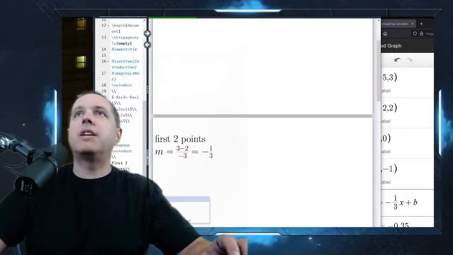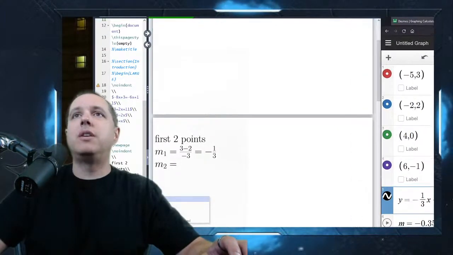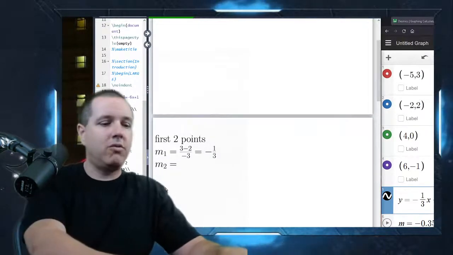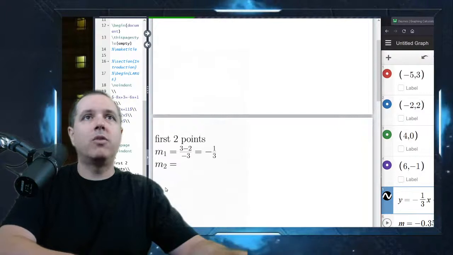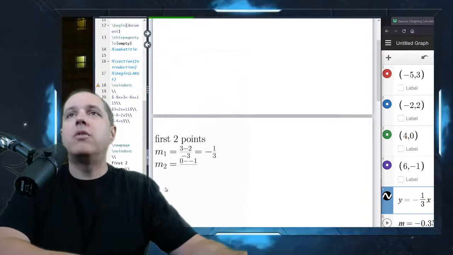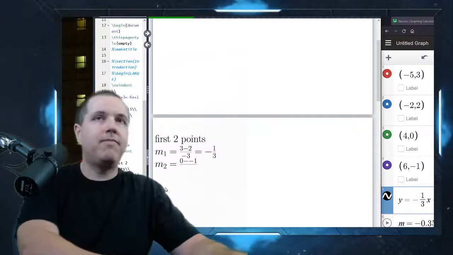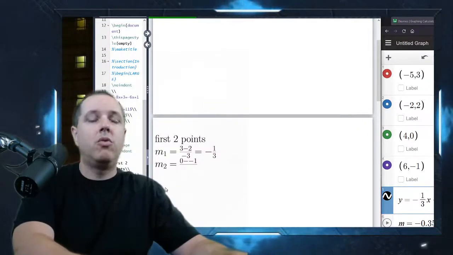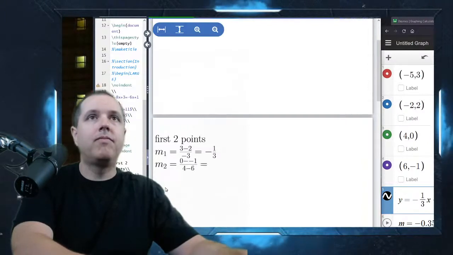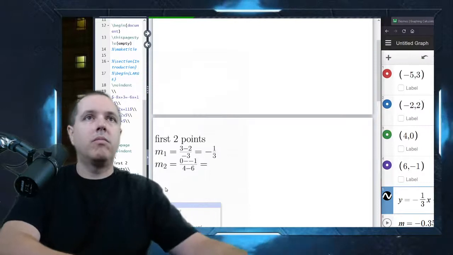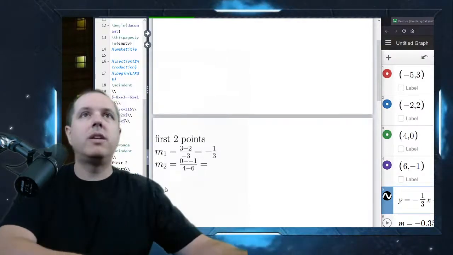Okay, so for my second 2 sets of points, it's going to be 0 minus negative 1. That's my y values. 0 minus negative 1, which becomes plus 1, right? And then 4 minus 6. And that all becomes 1/2. That doesn't seem right. Did I mess that up?